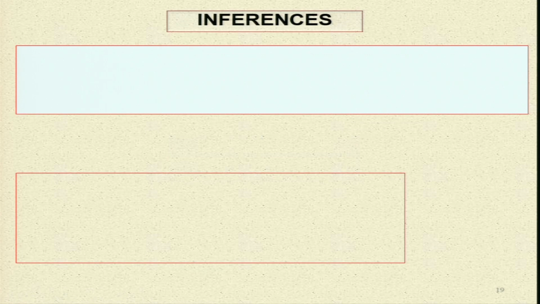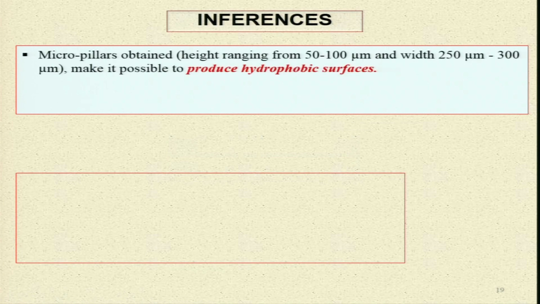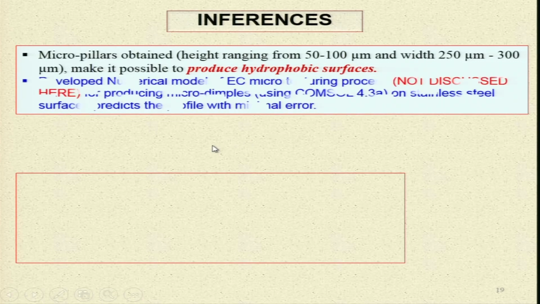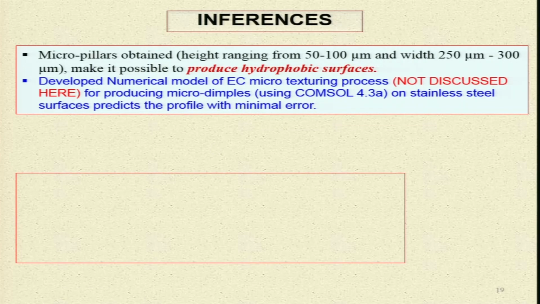What inferences can we derive from this? Micropillars obtained, with height ranging from 50 to 100 micron and width 250 to 300 micron, make it possible to produce hydrophobic surfaces. A numerical model of the EC microtexturing process was developed, not discussed here in detail.